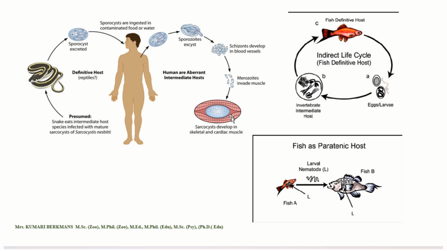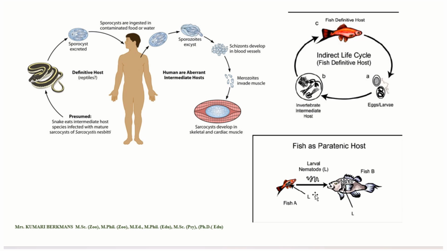Which muscle? The cardiac muscle. Sarcocysts develop in the skeletal as well as the cardiac muscle. It comes from the reptiles. If a reptile bites or the human being takes the snake as food, then this forms the sporocyst. The cysts develop in the blood vessels, then merozoites invade the muscle, skeletal as well as cardiac muscle.